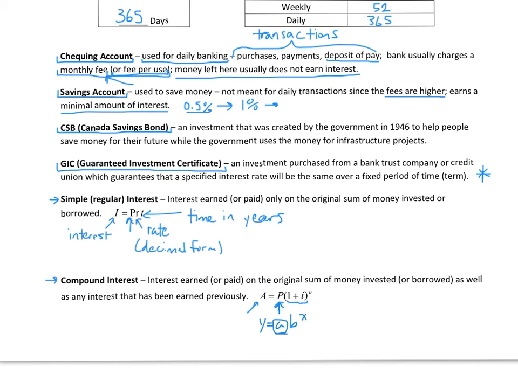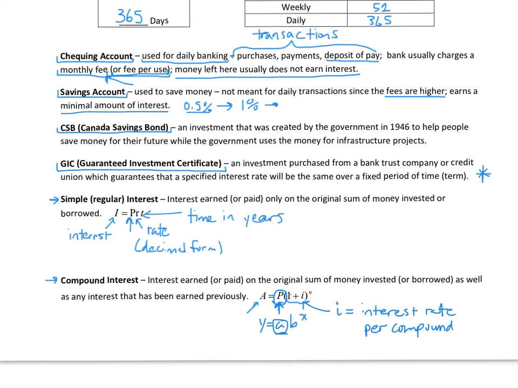Your little a here is your initial amount, which is your initial principal. The b is always 1 plus the percent you are growing by. So your i here is your interest rate per compounding period.